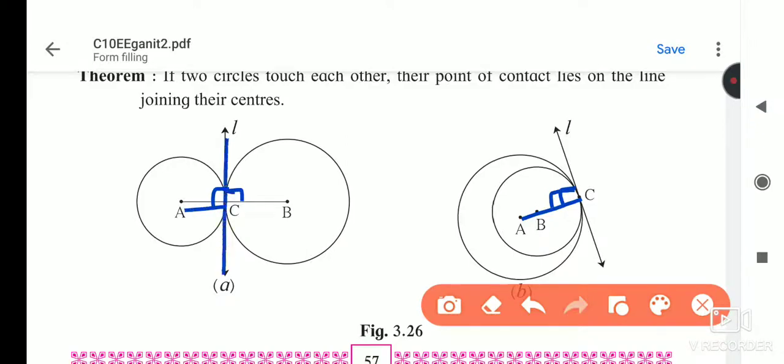AC is also perpendicular to L, and BC is also perpendicular to L.